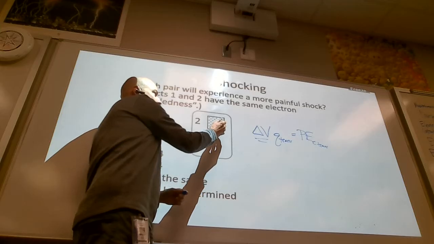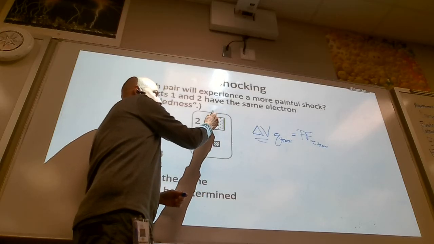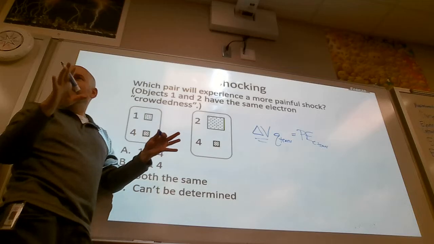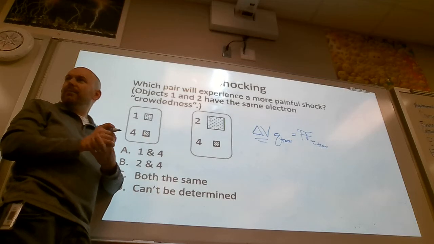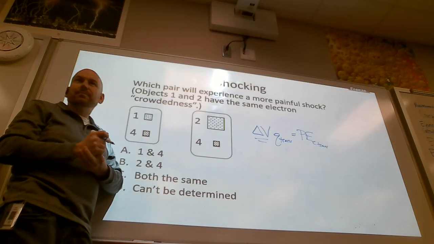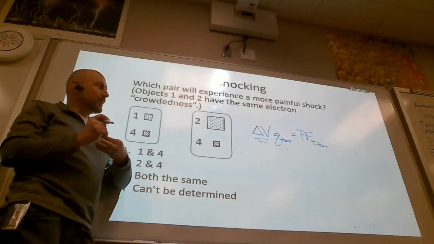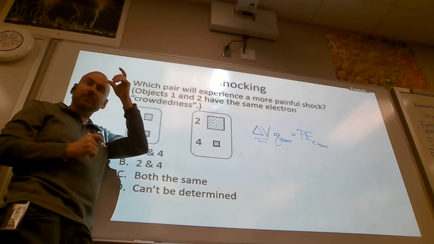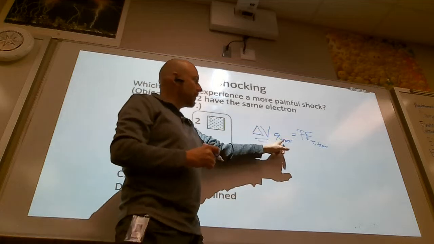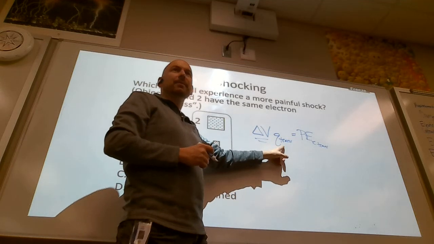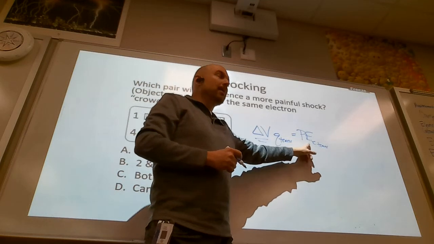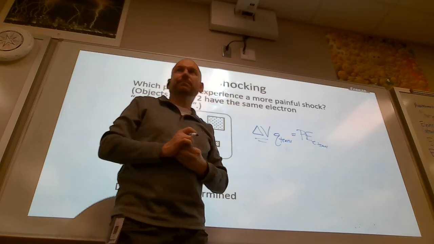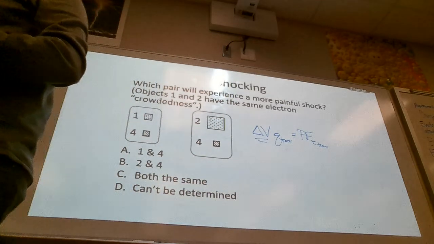Versus here, if I put 4 electrons, there's still more room to spread out. You okay with that? So this one can handle more than 4 electrons. So there's going to be more electrons jumping, providing a greater amount of energy transfer. Okay with that?